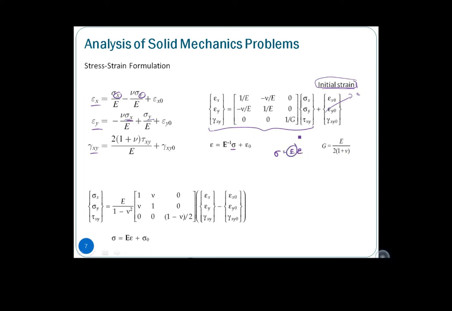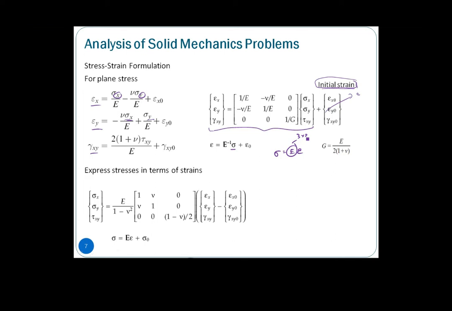So this itself is what we call the plane stress case. For plane stress, E is a 3 by 3 matrix, covering sigma x, sigma y, and tau xy.